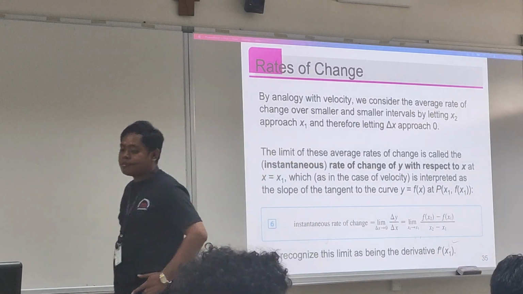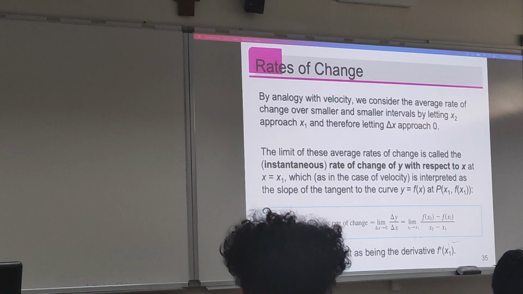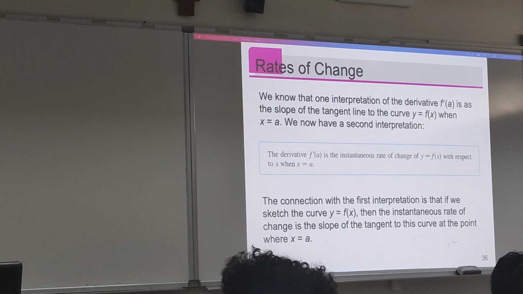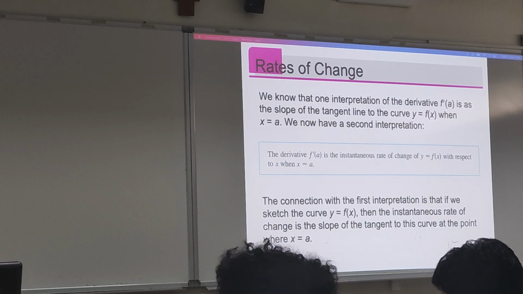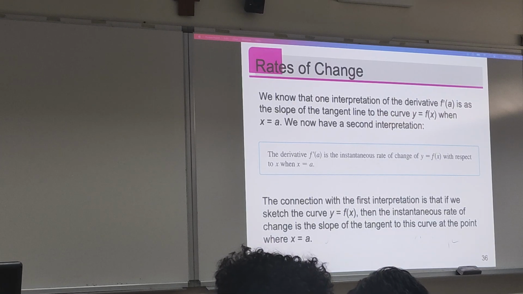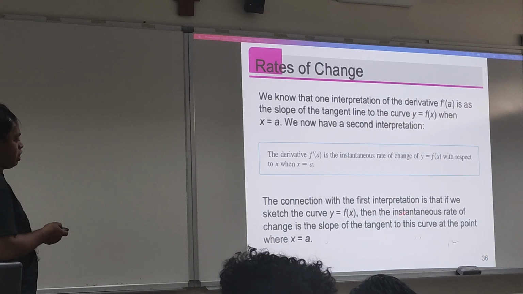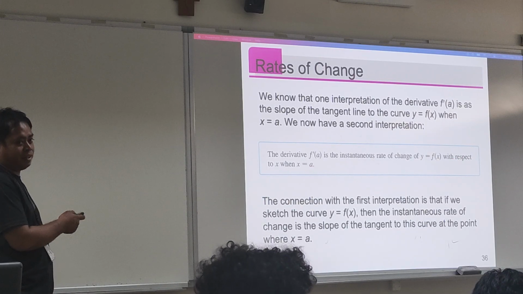And this is just the same as the derivative of your function. Right? So by that we have the second interpretation: the derivative f prime of a is the instantaneous rate of change of the function y with respect to x. So let's take a look at it.